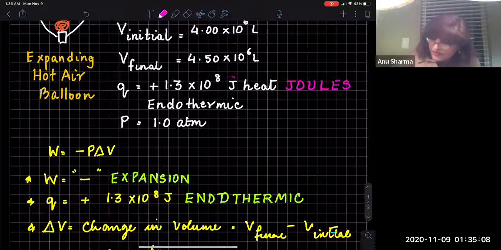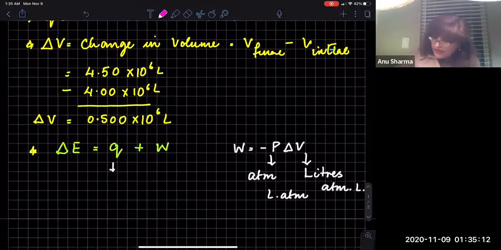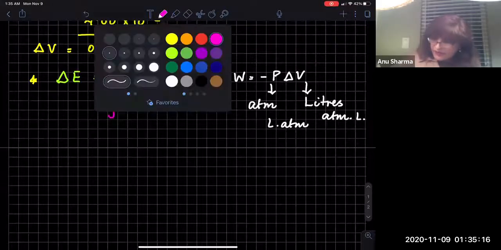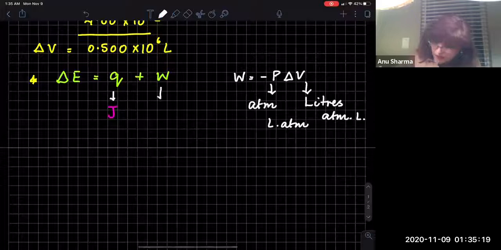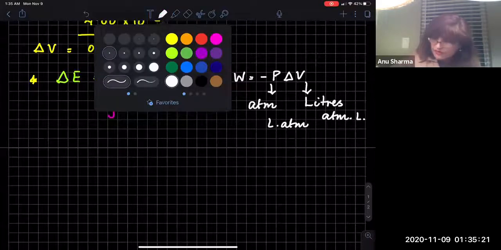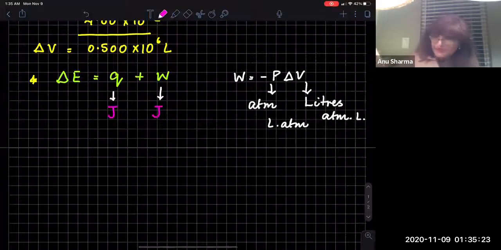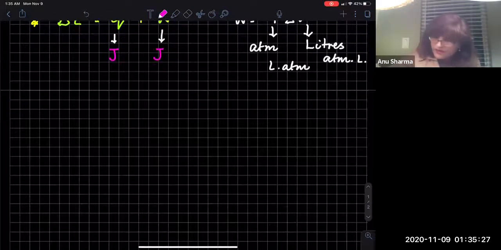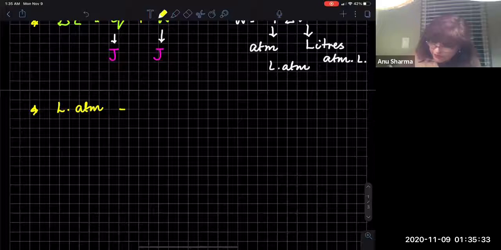Joules. Okay, so that is the unit of heat here. If this is in joules, then we need to have work also in joules. There has to be a conversion factor that converts liters dot atmosphere to joules.